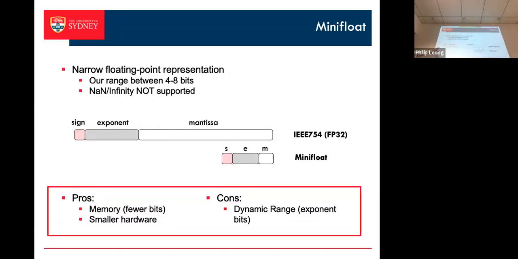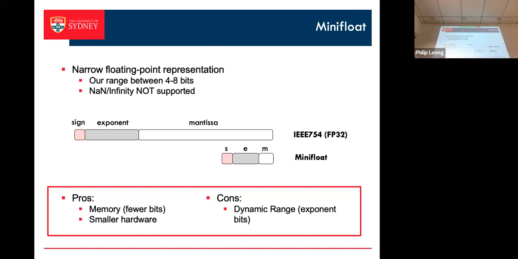But basically, it's a conventional format which is similar to IEEE 754, which I guess many are familiar with. There's a sign bit, a number of exponent bits, and a number of mantissa bits, and a Minifloat is the same format, except with a smaller number of exponent and mantissa bits.